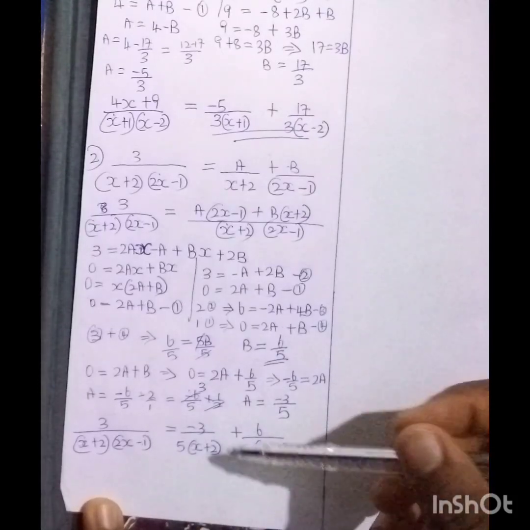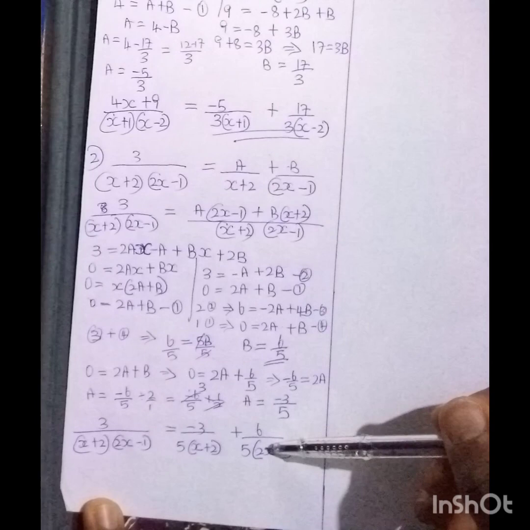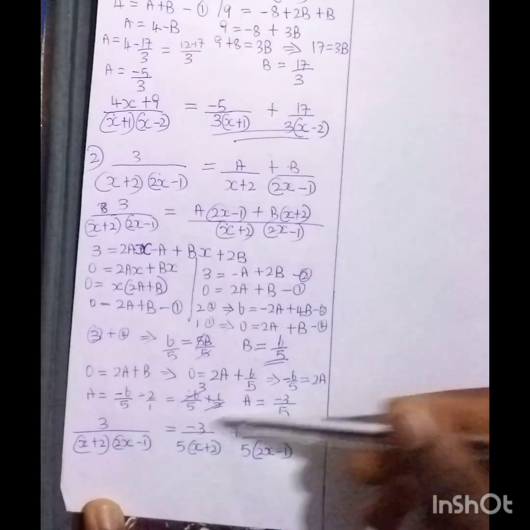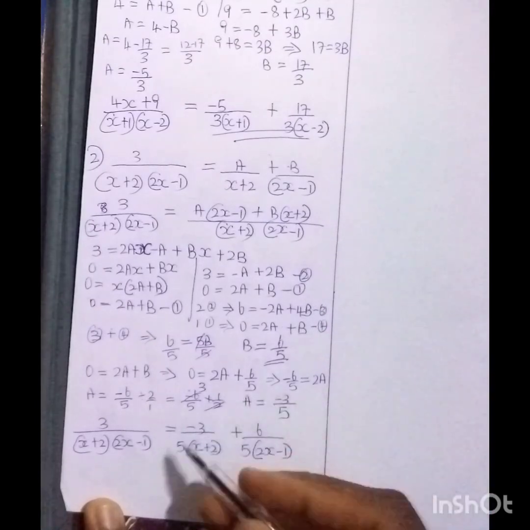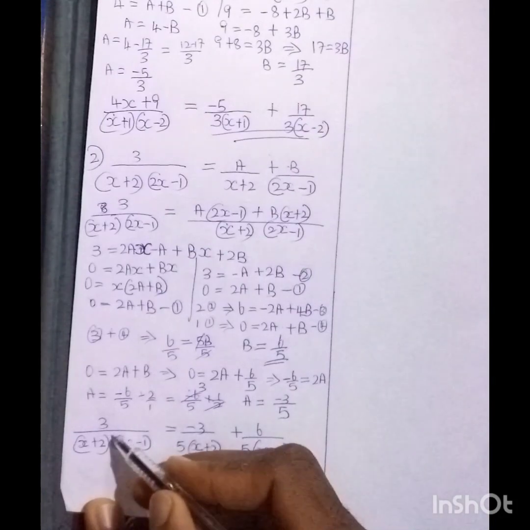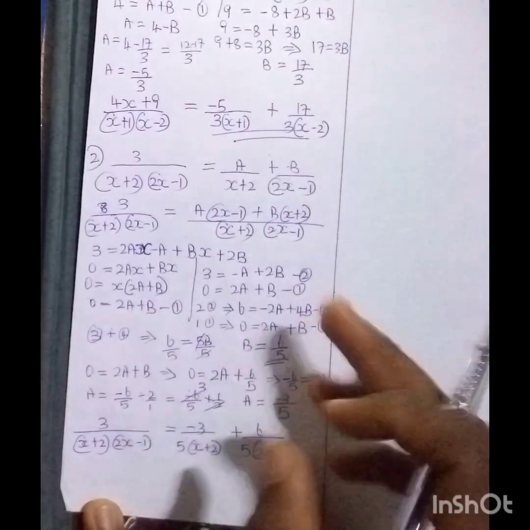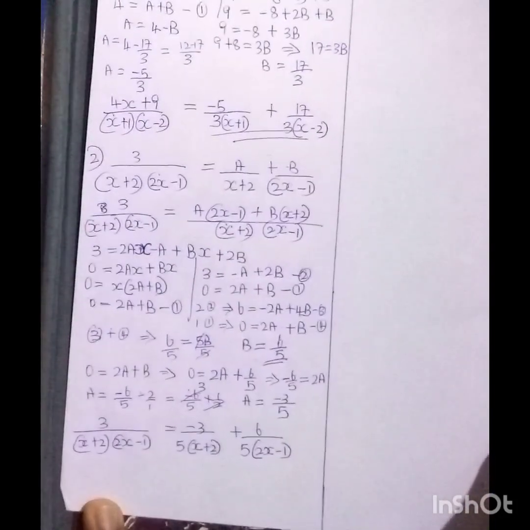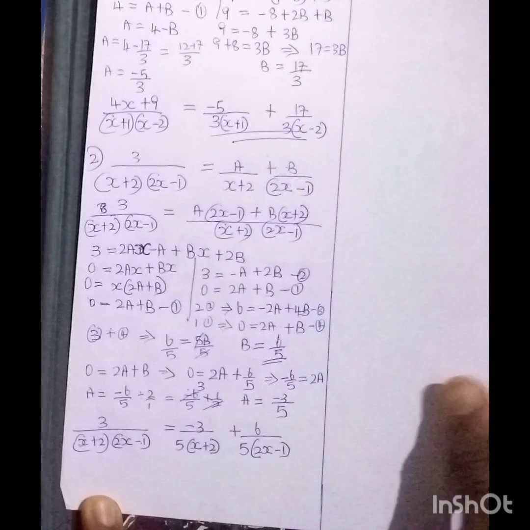If you expand this one and solve this part, it gives you back this one. So that's what partial fraction is all about. So we'll move over to the next question.